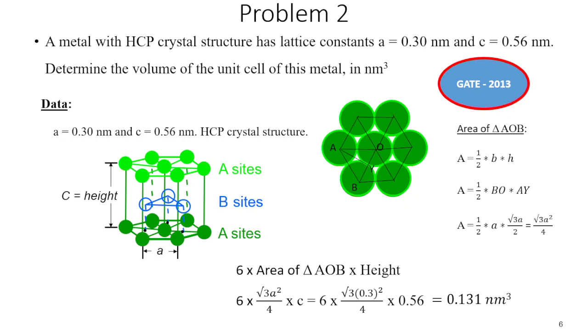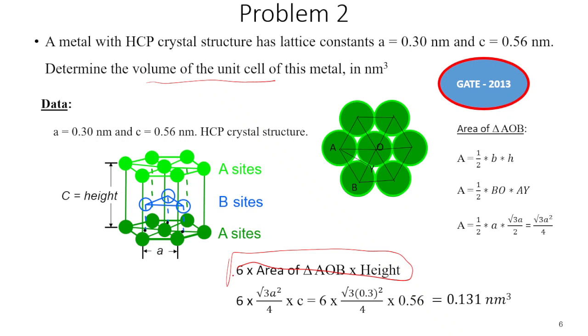To solve this question, all we have to do is find the volume of the unit cell, and volume is nothing but 6 into the area of the triangle AOB times the height. We just now saw it, right?